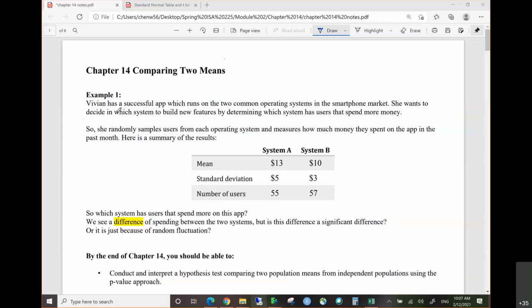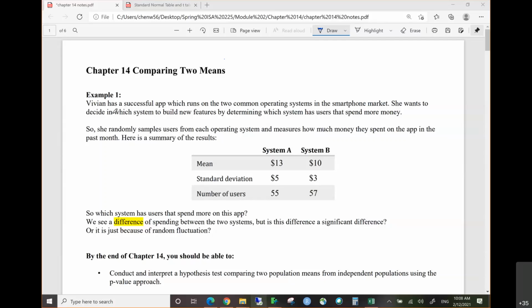Vivian has a successful app which runs on two common operating systems, which we call System A and System B, in the smartphone market. She wants to decide in which system to build the new features by determining which system has users that spend more money.